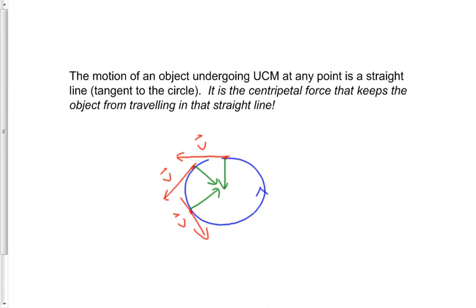Away. Yep. Nope. Don't make this harder than it has to be. Nope. The centripetal force. It could also represent the centripetal acceleration, right? Because both of them point toward the center of the circle.